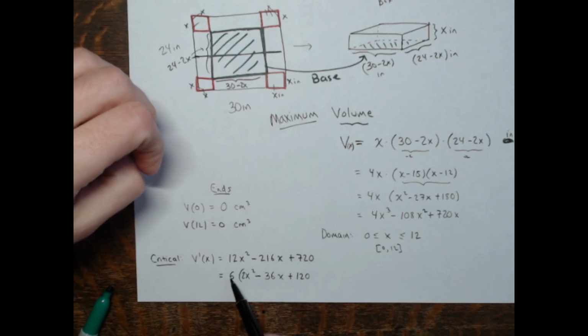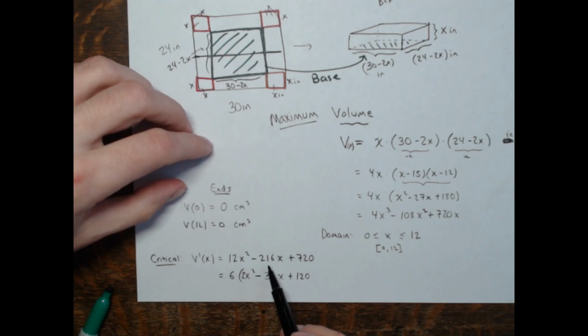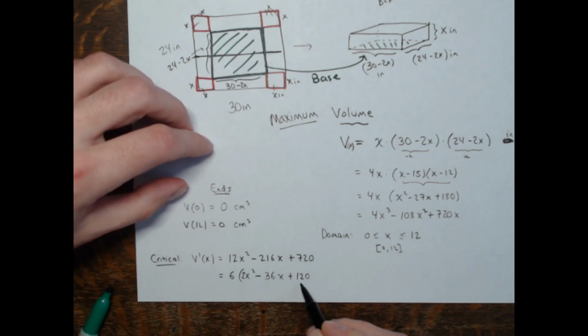Wait a minute. Yeah, 6 times 2 is 12. 180, 36, 216. So actually, these are all multiples of 12.